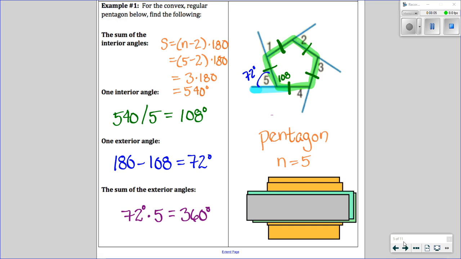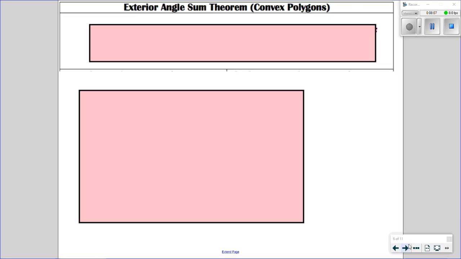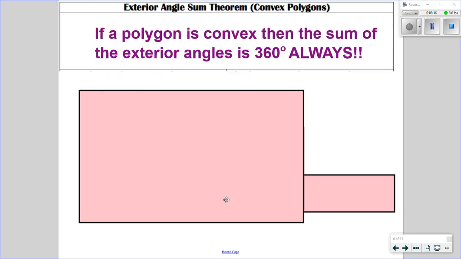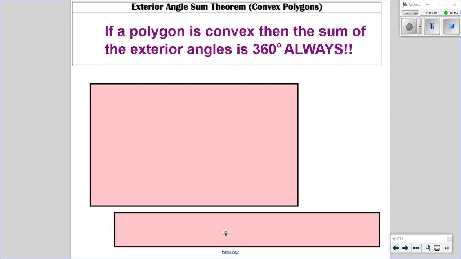And that brings us to our next section, which deals with the exterior angle sum theorem for convex polygons. It says that if a polygon is convex, then the sum of the exterior angles is always 360. So we know, based on the example that we did, that it came out to 360.